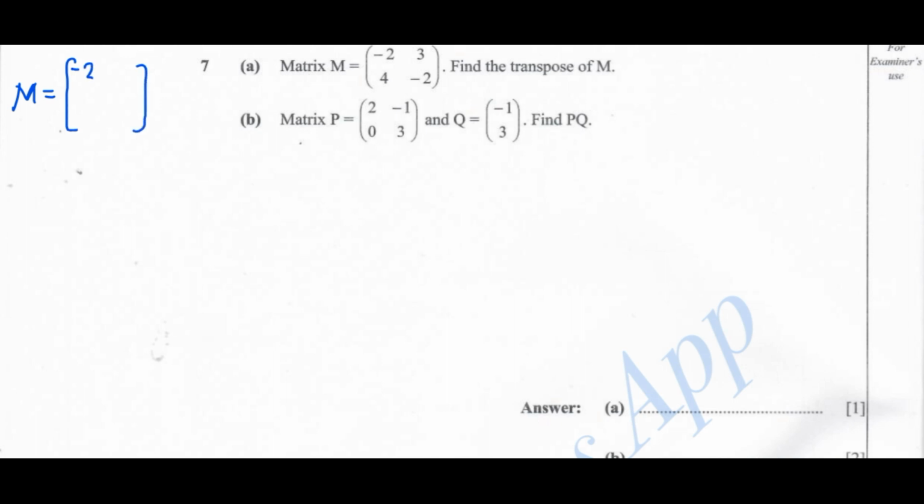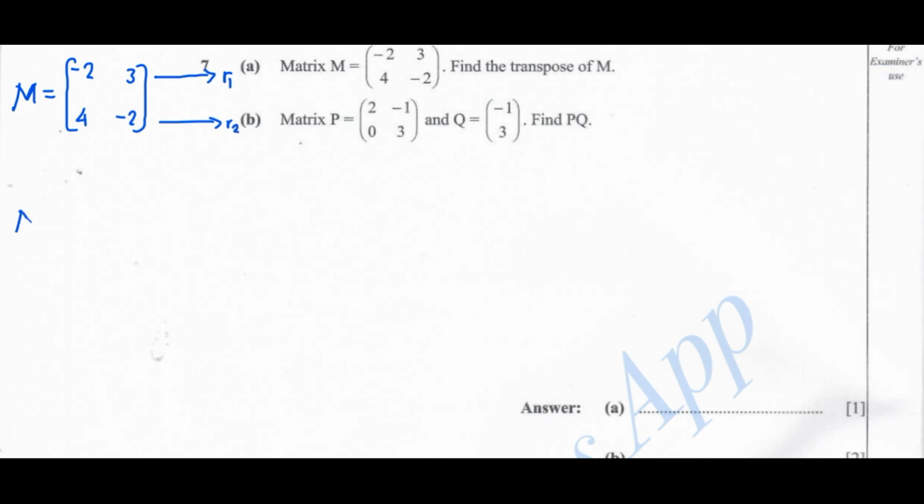Now to find the transpose, you just have to swap the rows with the columns. So this is our row 1, then this is our row 2.